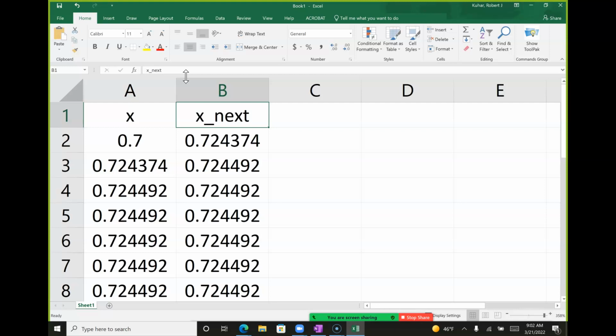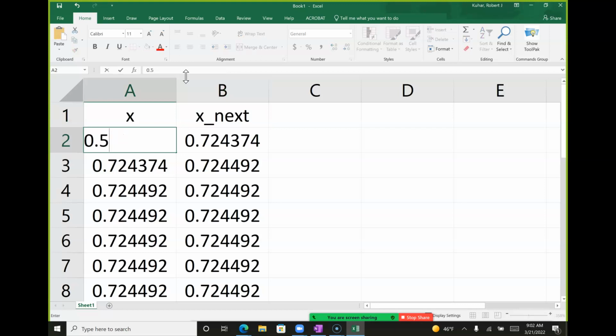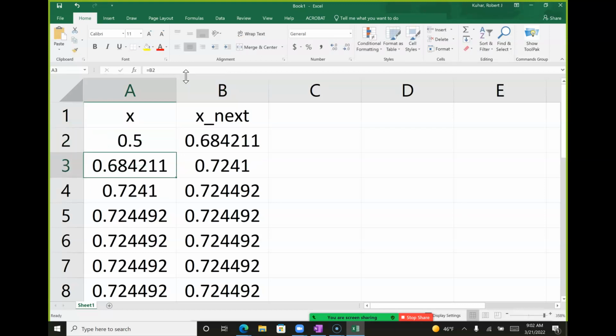What's nice about this now is I can start at 0.5. Look at how many iterations I need. The first one got me 0.68, the second one got me 0.72, and now the third answer gets me there, right?